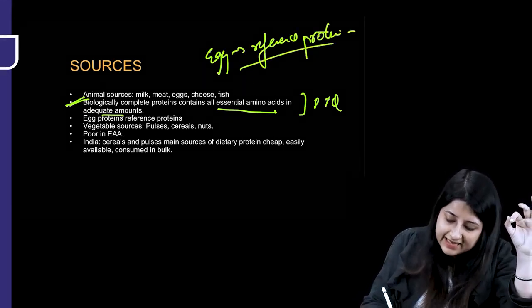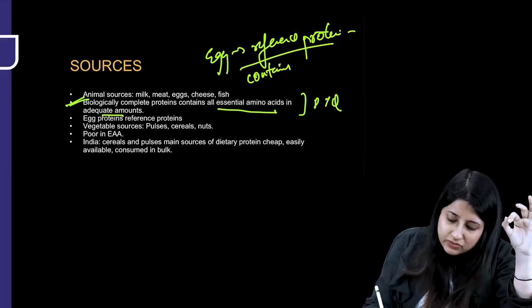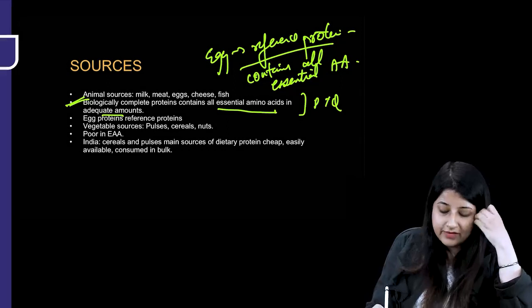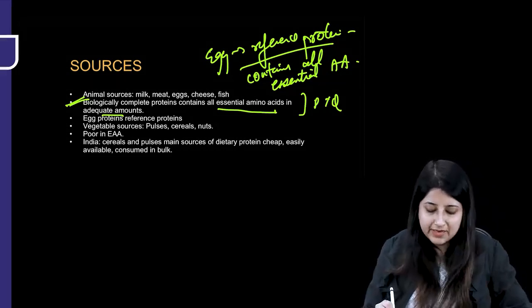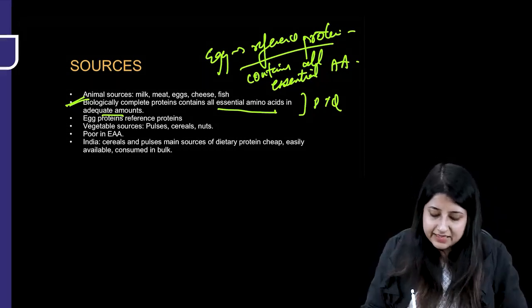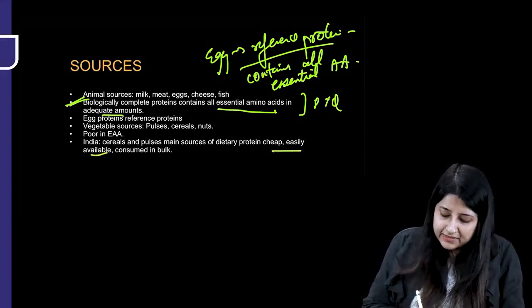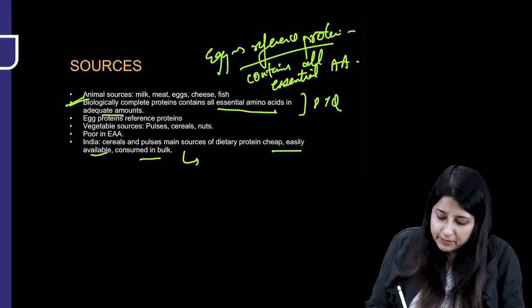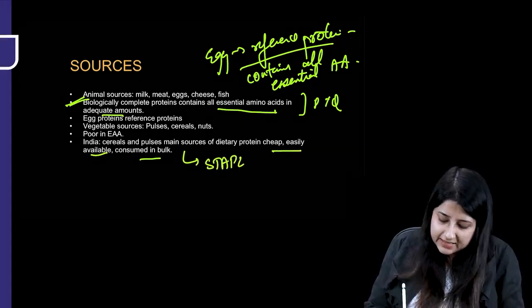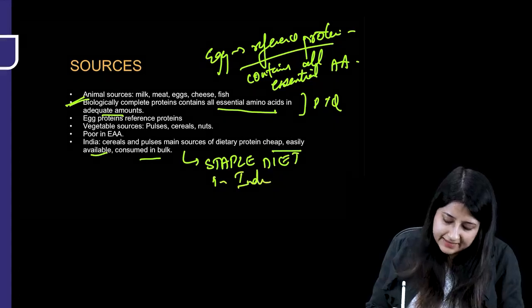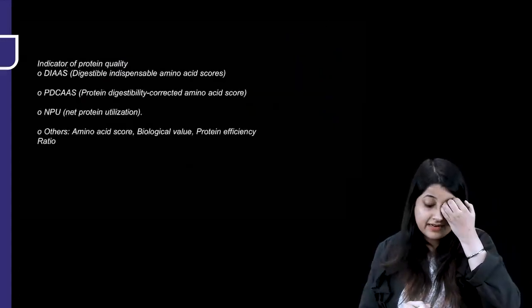Why? Because it contains all essential amino acids. Vegetables are poor in essential amino acids. In India, cereals and pulses form the main sources of dietary protein because they are cheap, easily available, and consumed in bulk. So basically cereals and pulses are the staple diet in India. That was important.